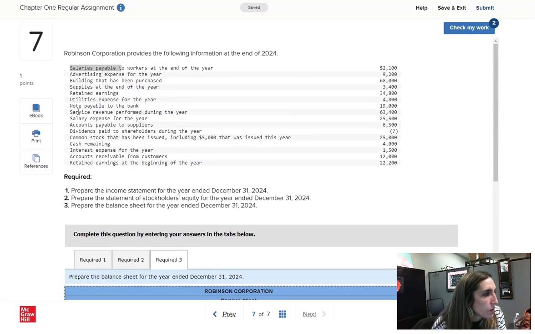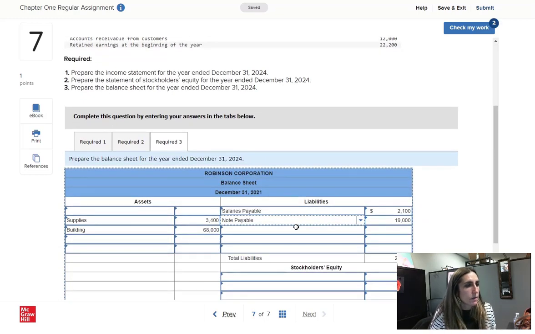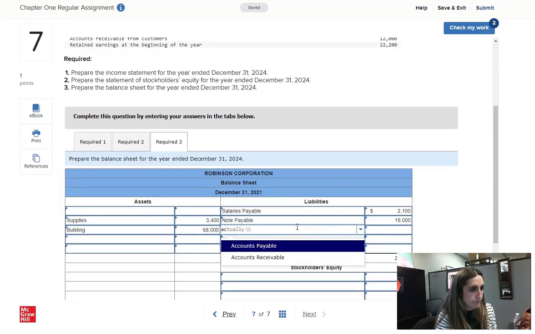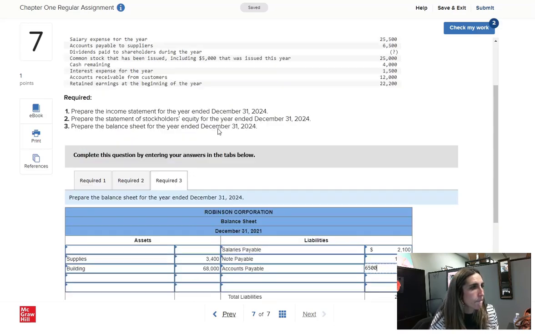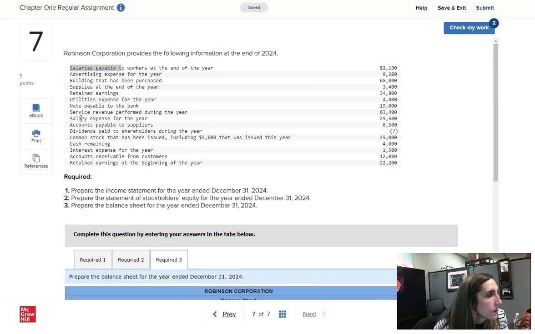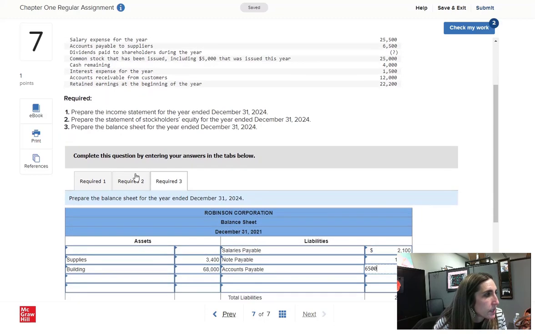Service revenue I've already used. Salaries expense I've already used. Accounts payable needs to be listed in the liability section. And then we're down here with dividends we've already used. Figured that out. Common stock we've already used. Cash goes in the asset section.